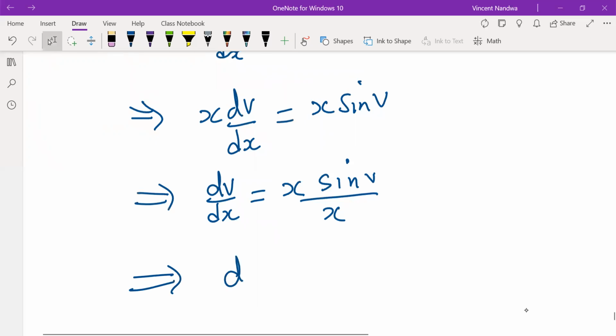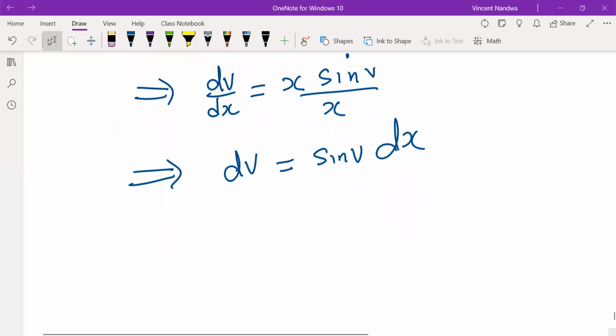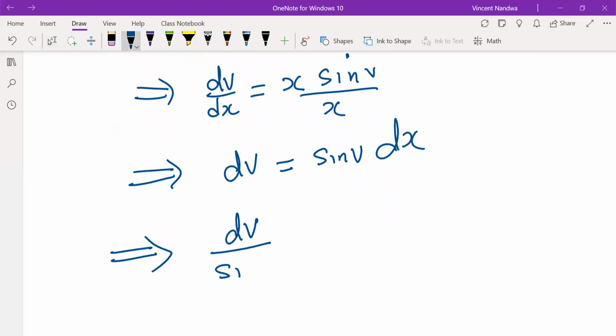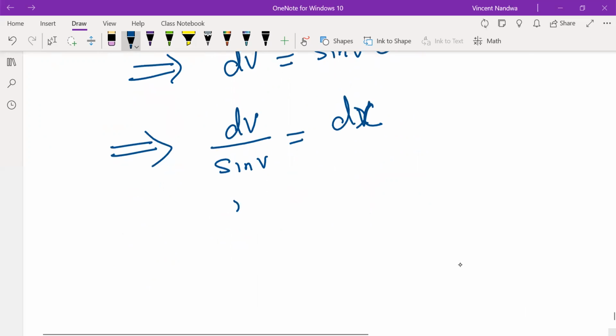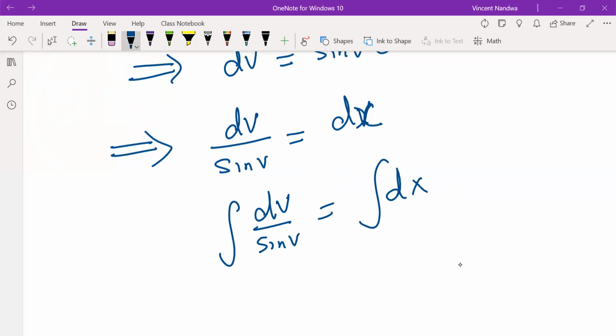Now this means that dv equals sine v, x and x cancel out, then dx. So dv over sine v equals dx. Now we integrate dv over sine v and integrate dx.